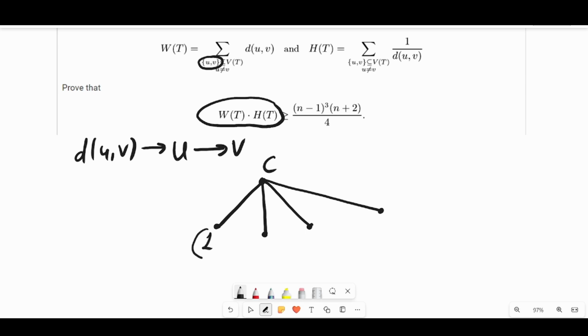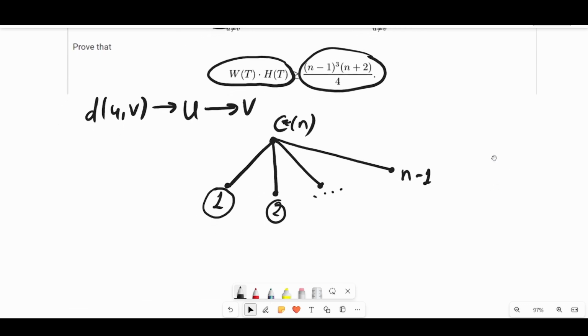Let's enumerate them: 1, 2, all the way up to n minus 1, and the nth one is the center C. If we look at this configuration, we will see that the equality case is attained only in this configuration, and we will see why this is correct.